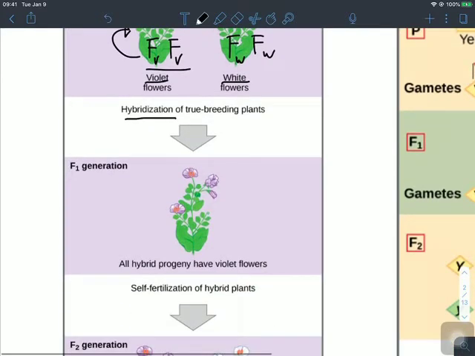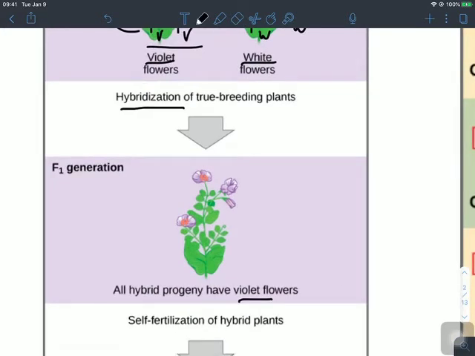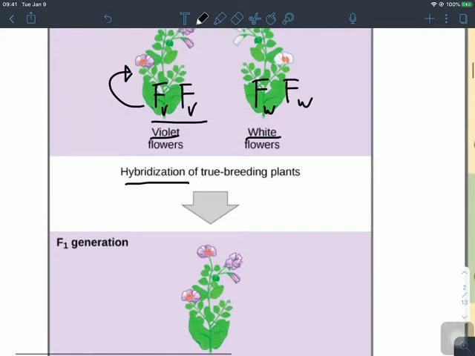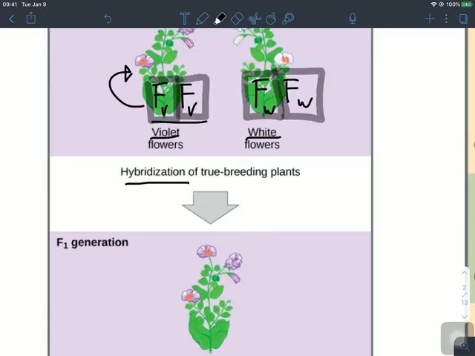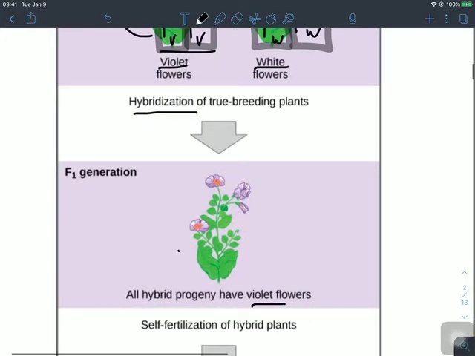The F1 hybrid has violet flowers. Now you know that the F1 received either the FV allele from one plant, and the FW allele from the other plant. That means you know that it has an FV and an FW.